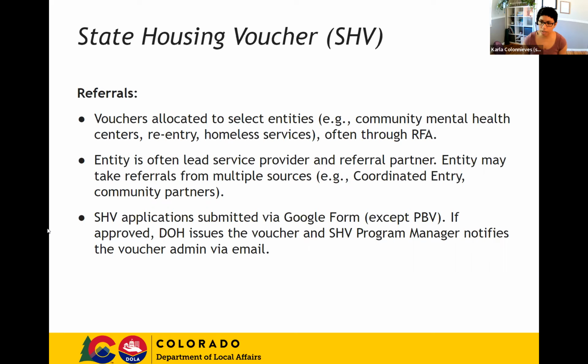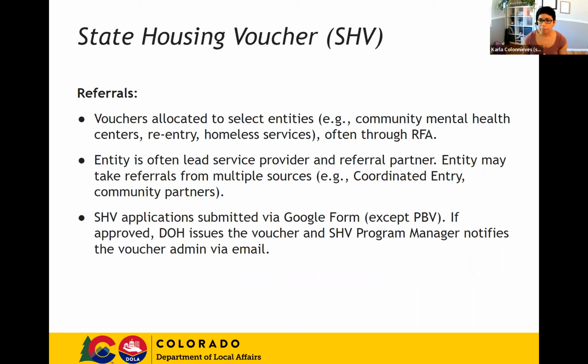Either way, they are often the lead service provider and the referral partner. And by referral partner, I mean that they are coordinating the referrals from multiple sources typically. So for example, we might have a community mental health center with an allocation of state housing vouchers, and their participant selection plan might say something like 50% of referrals need to come through coordinated entry, and 50% of referrals can come from that mental health center's programs or their clients.